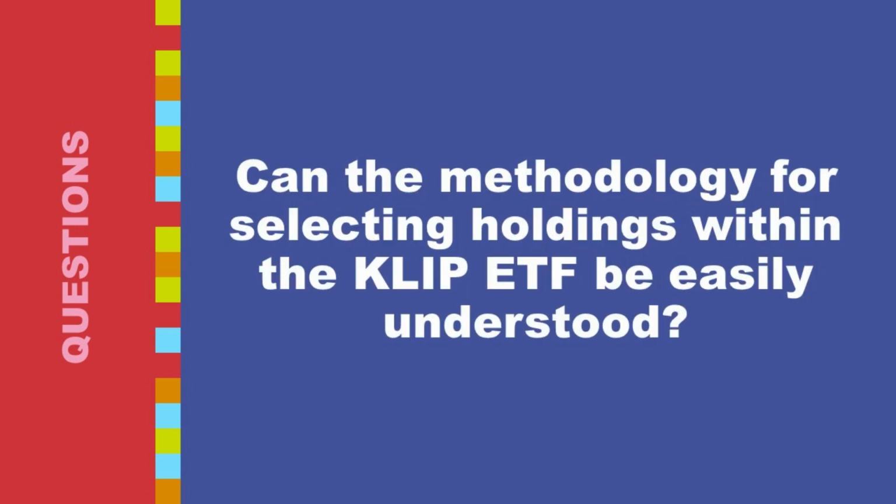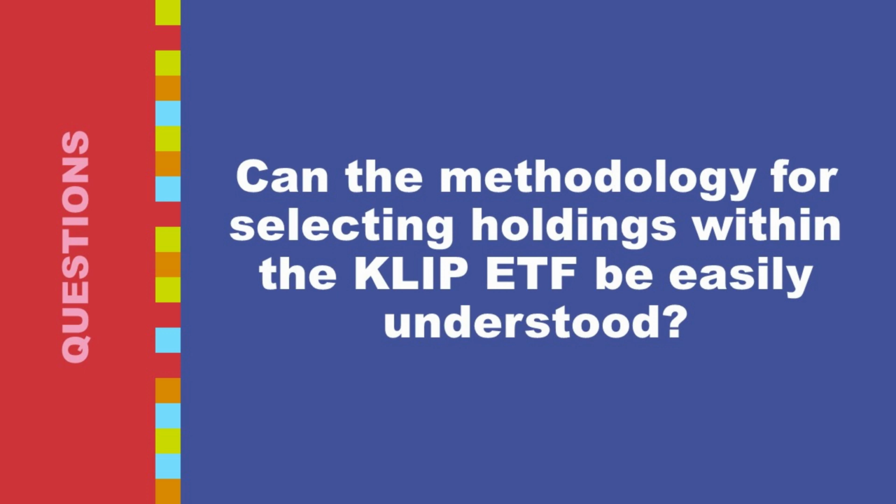Can the methodology for selecting holdings within the KLIP ETF be easily understood? The methodology for selecting holdings within the KLIP ETF is fairly straightforward, but with some underlying complexities. Here's a breakdown of the key points. Straightforward aspects. Passive approach.